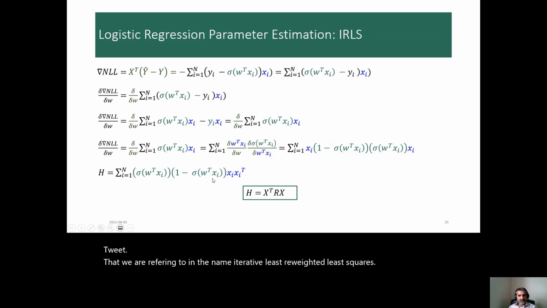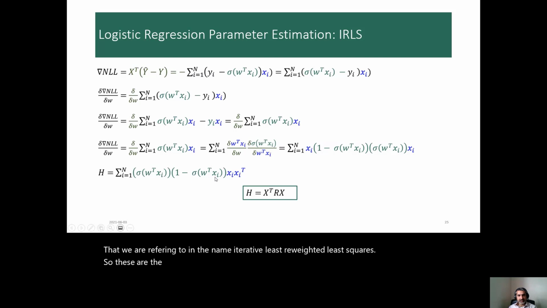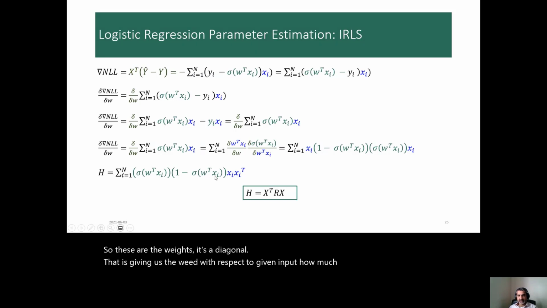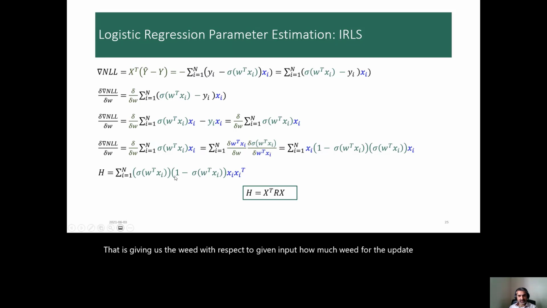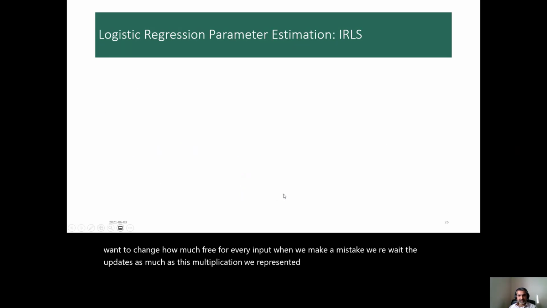So these are the weights. It's a diagonal matrix that gives us the weight with respect to a given input, how much weight for the update that we want to change. For every input, when we make a mistake, we reweight the updates as much as this multiplication. We represent it with R multiplied by X.